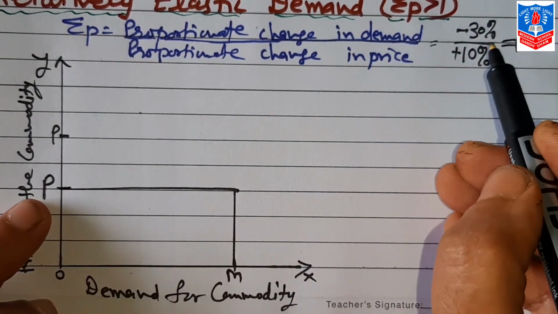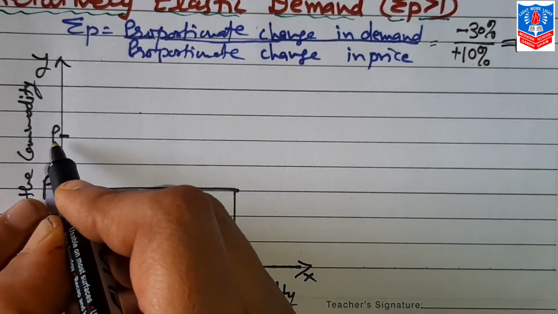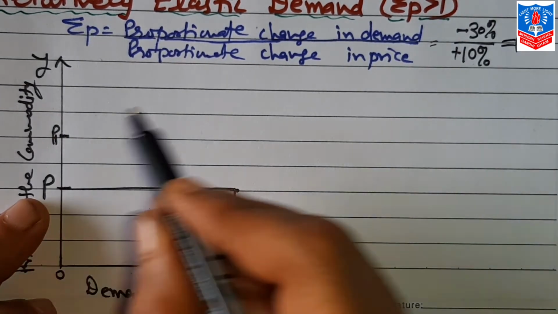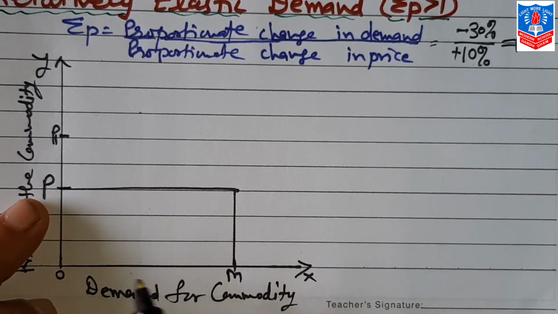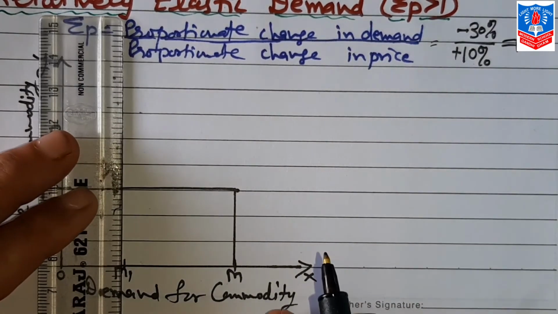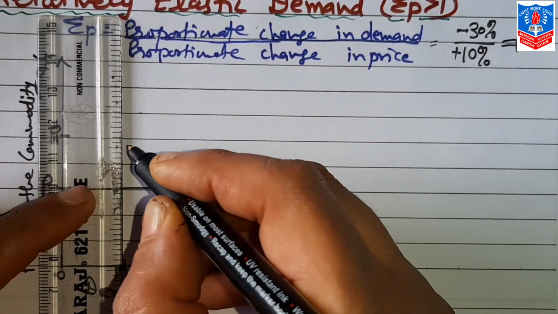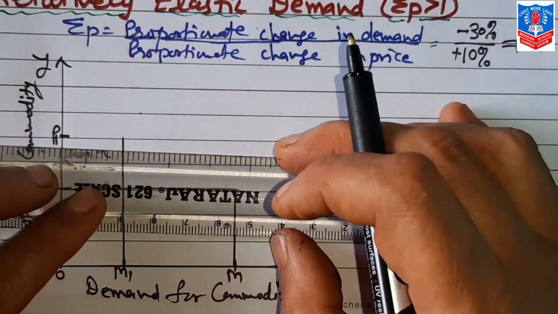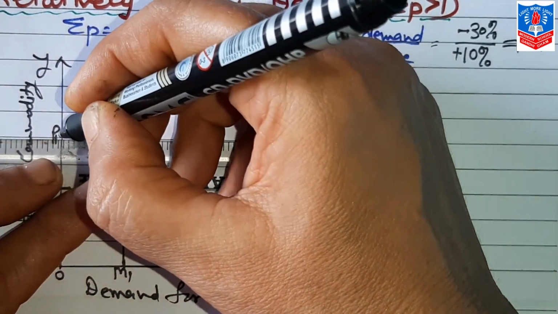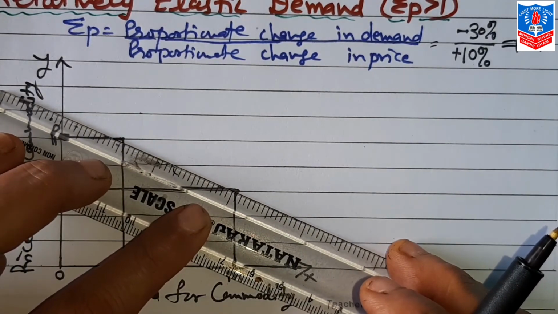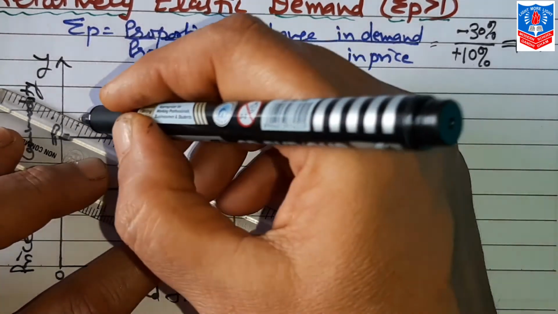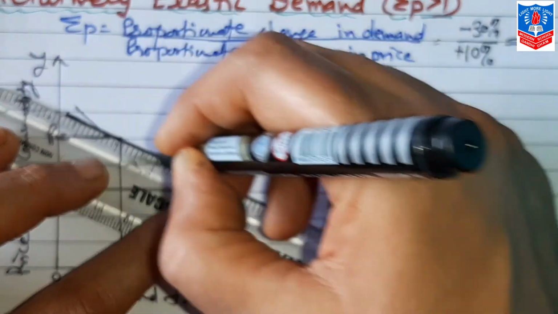Now, as here the price increases from P to P1, that is 10%, for example. Obviously, demand reduces. Now this demand is here, which is M1. Now when you join this, how do we get it? Now we get this demand curve, we call it DD.